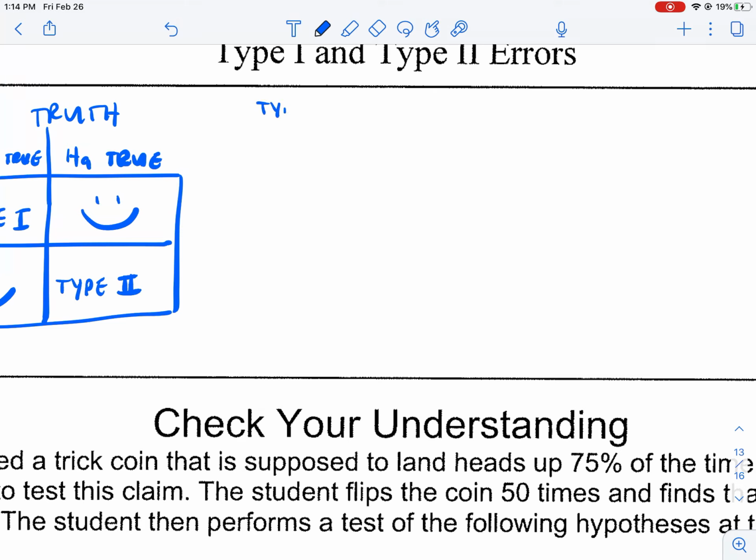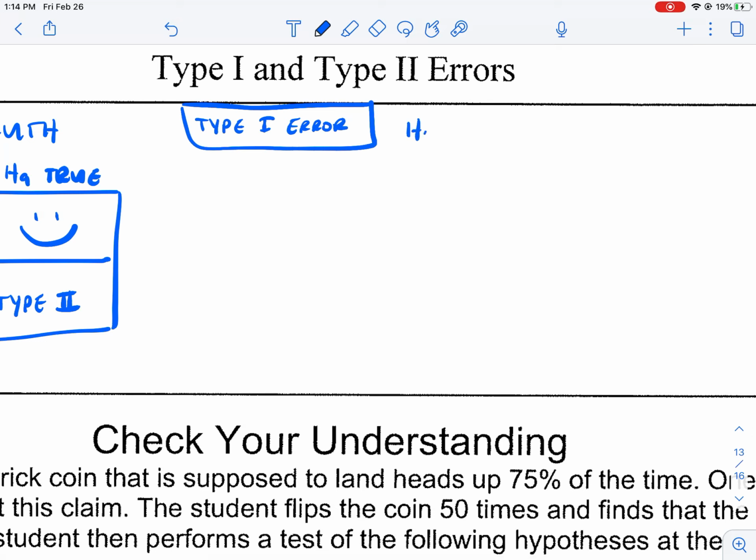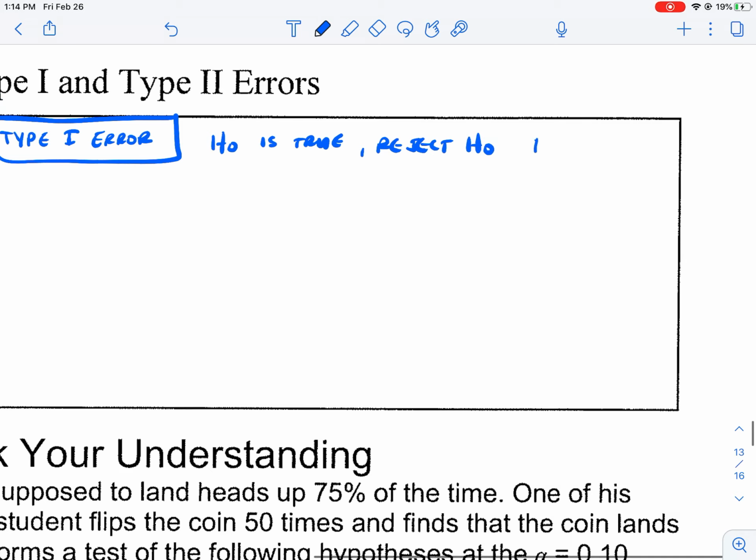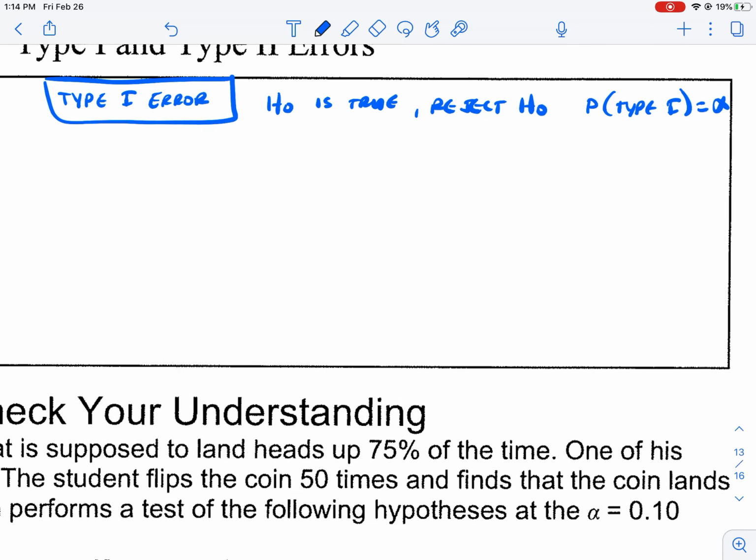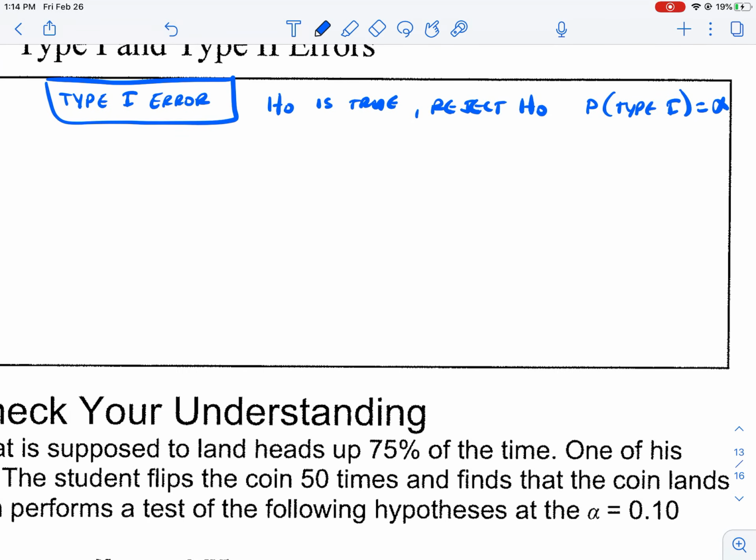Okay, so then let's put some words with this. So type 1 error is H sub 0 is true, but we reject H sub 0. Okay? And the probability of a type 1 error is equal to our alpha level, right? Because alpha level determines whether we reject or fail to reject.